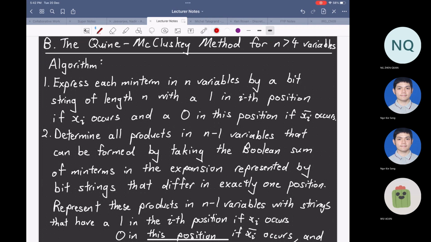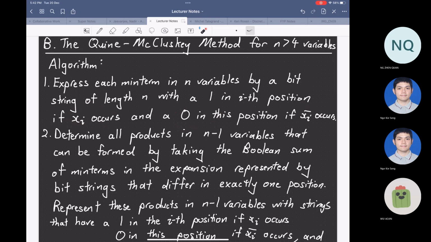So what you do is you express each minterm using a string of 1s and 0s. You put 1 at the i-th position if xi occurs, or 0 if xi bar occurs. So you encode xyz into positions of 1 and 0. In that case, it's easier to see.